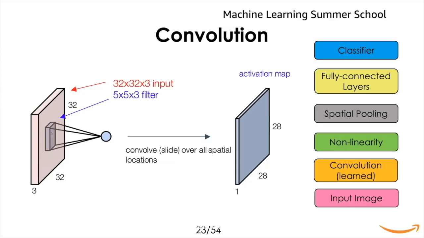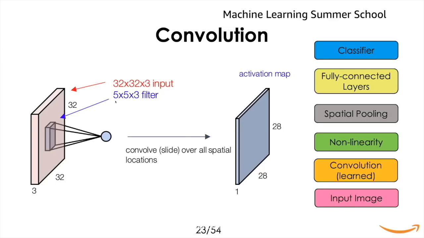Okay, so you take the filter, slide it all over the image step by step, and each dot product output that you get is placed in the activation map, and this is your output of the convolution. Okay, so what would be the dimensions of this output? Sorry, the image size is 32 cross 32 cross 3.